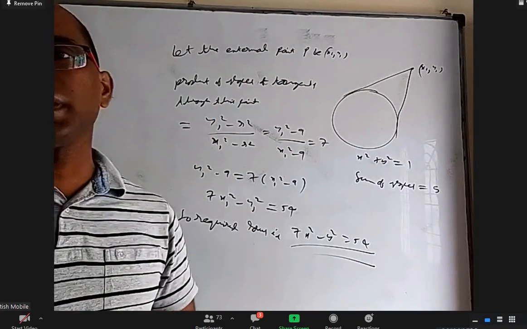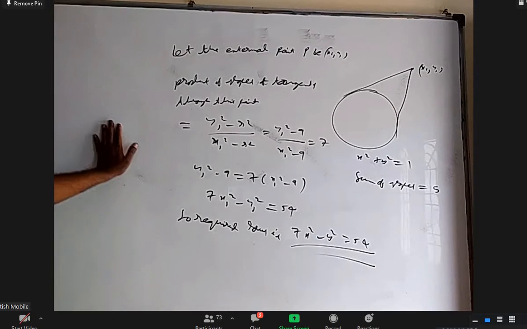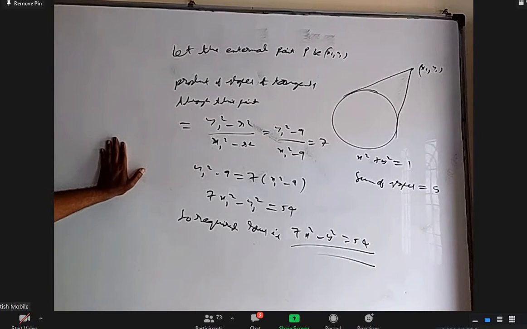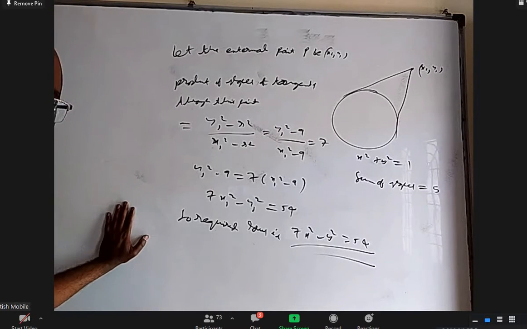Find the locus of P. Sum of the slopes is 5. Find the locus of P.